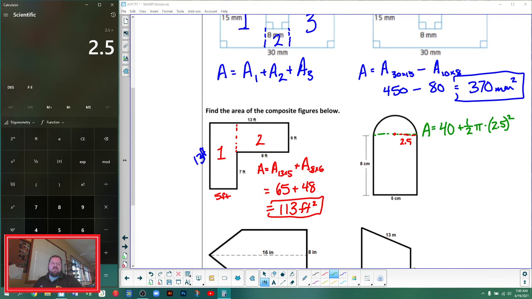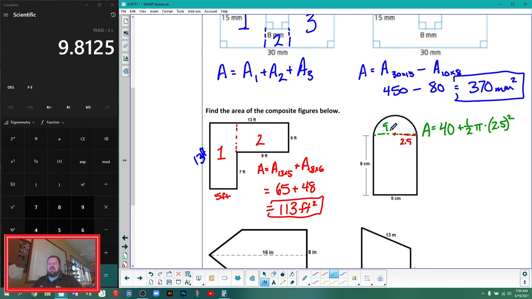Let's go and figure that part out, and divide it by 2 for 1/2. So that's the semicircle, 9.8125. And then this rectangle is 40. So we have 49.8125. And those are centimeters squared.